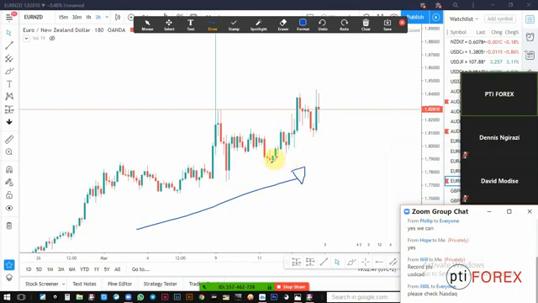So here we can see that it is forming higher lows and higher highs, meaning it is a healthy uptrend. If it is a healthy uptrend, we are just looking for where we can enter the market because it is safe.